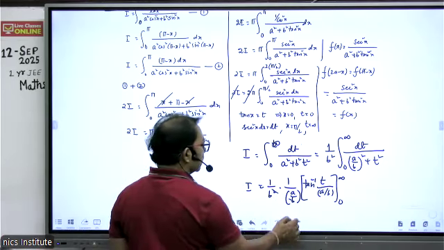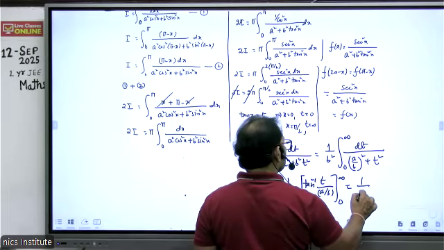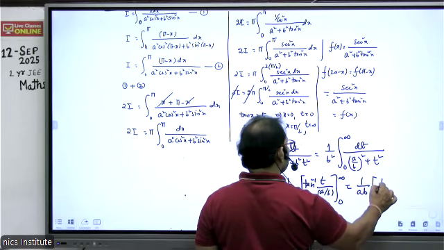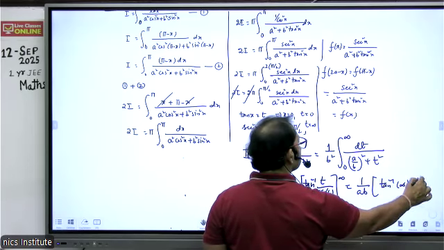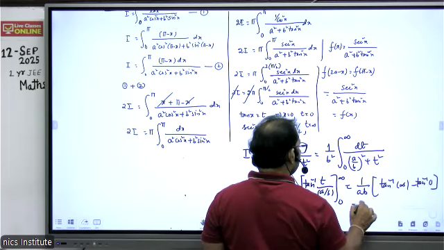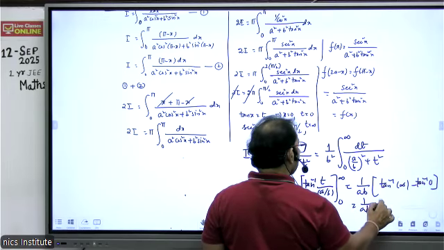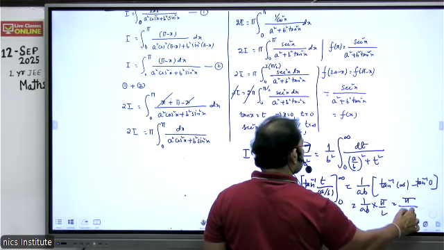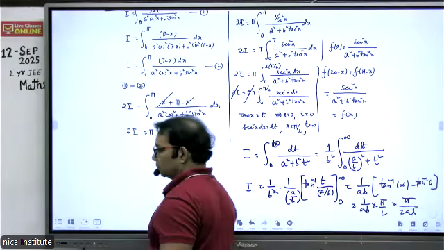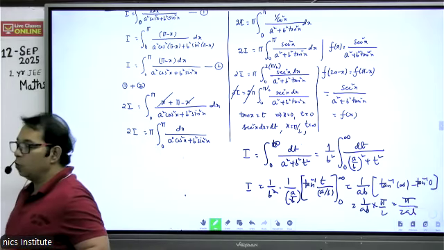This b will cancel out. So 1 by ab, tan inverse infinity minus tan inverse 0. Tan inverse infinity is pi by 2. So pi by 2ab is the answer.